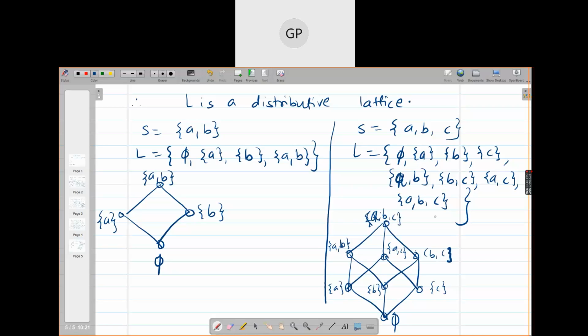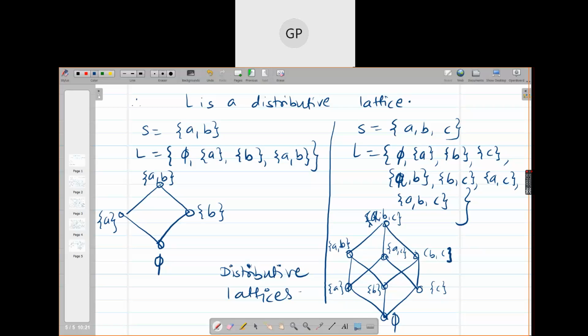So this is also distributive under the same relation. So these two are examples of distributive lattices. Please check it at home.